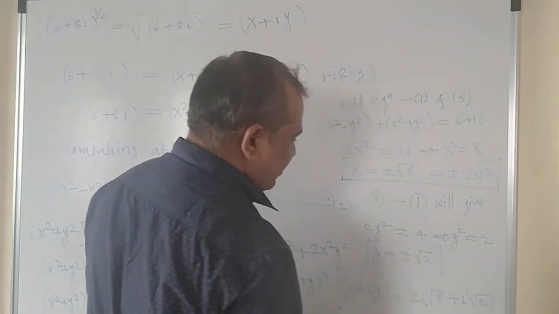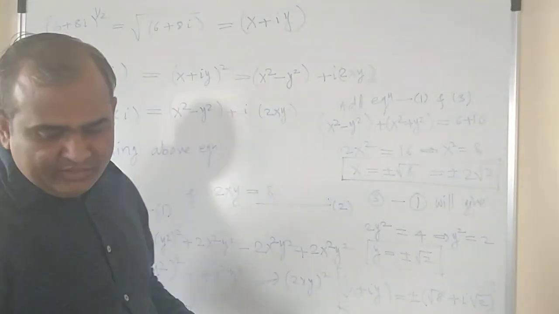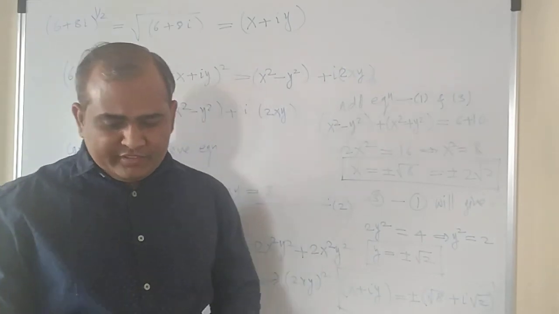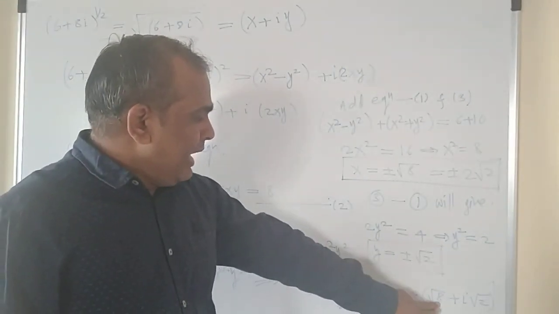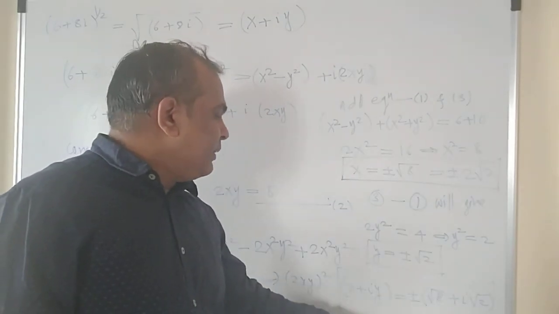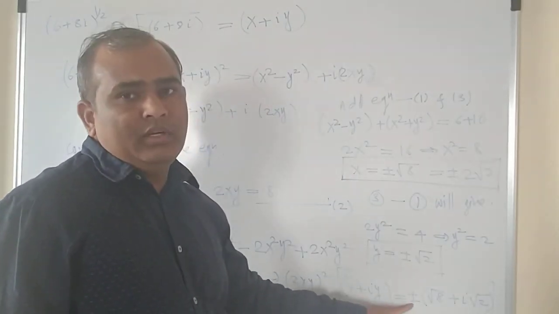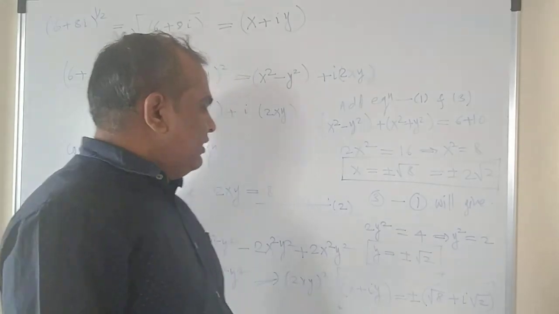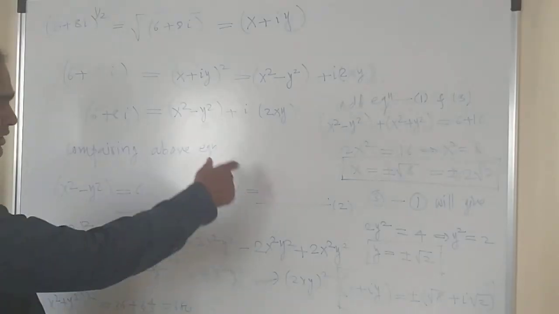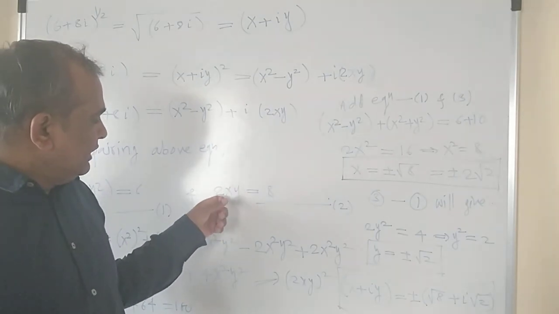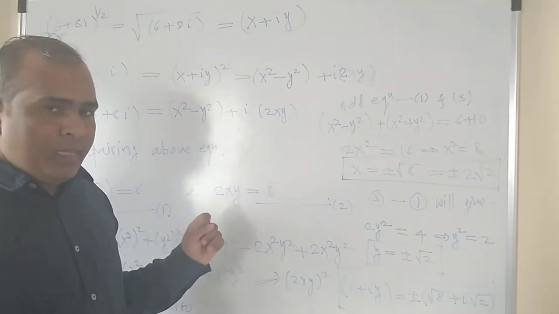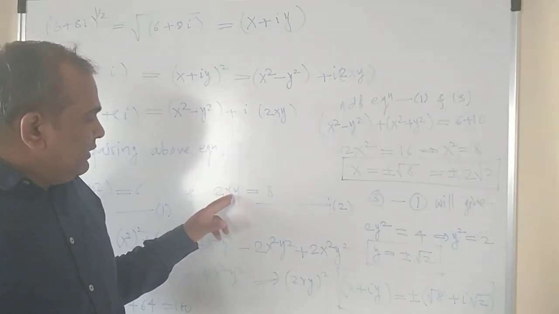Now one more thing is important here. In order to decide the sign of x and y, the sign of this term and this term is not decided. This plus minus sign is because of the square root. Now to decide the sign you can use equation number 2. In the case of equation number 2, it is 2xy is equals to 8, right?